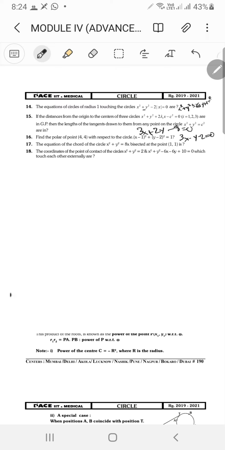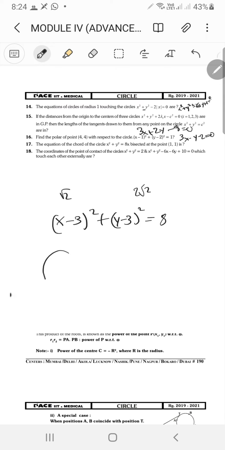Alright, so just find the ratio. Just find the radius first of all. So over here the radius is square root 2. Over here, let's start with (x minus 3) squared plus (y minus 3) squared equal to minus 10 plus 9 plus 9 is 18, so 8, right? So over here it is 2 square root 2, so this should be in ratio 1:2.